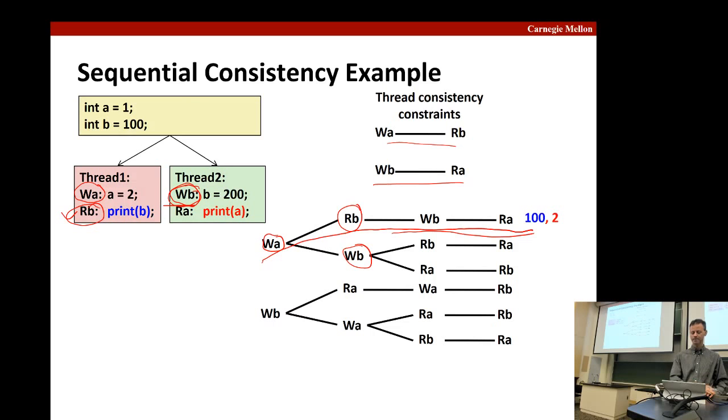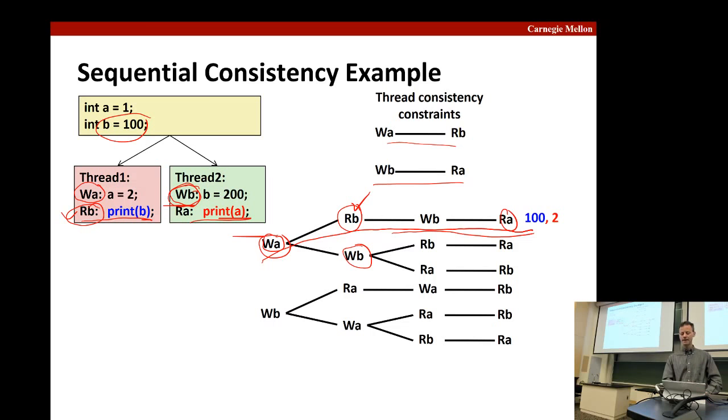Yep. Do you see why? Because when this thread did the read of B, it read the old value, since the write hasn't occurred yet. When the other did the read of A, this write of A had already occurred. That's why I get the 2.